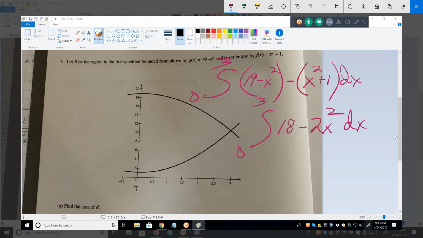Notice that there is another way this could be done. We're doing it with those rectangles and integrating with respect to x, but it could be done integrating with respect to y.